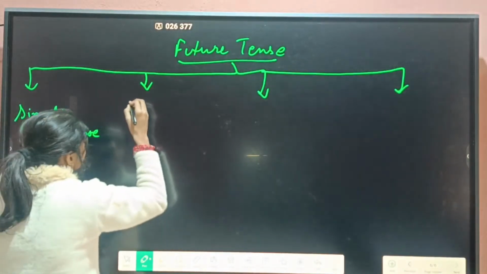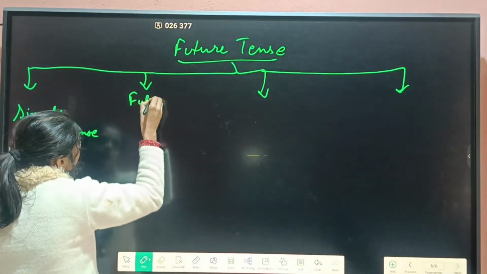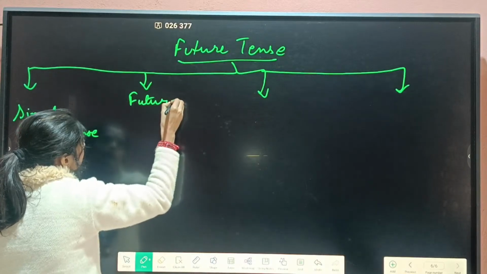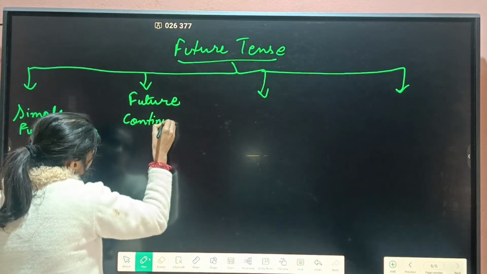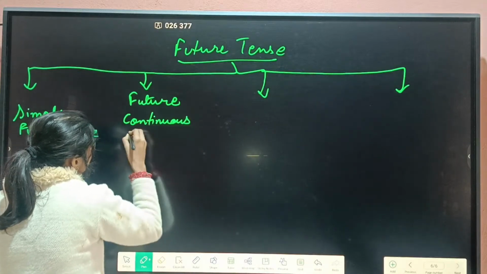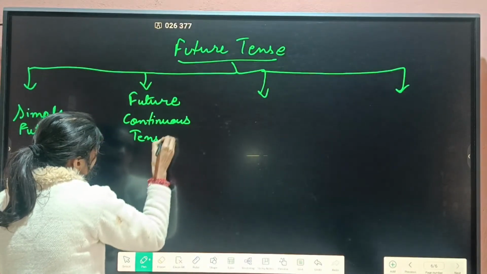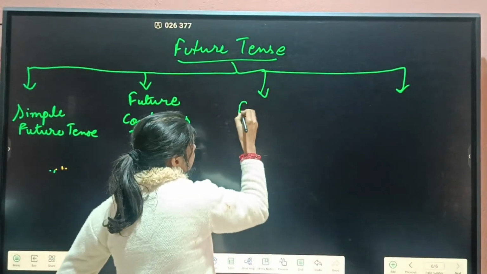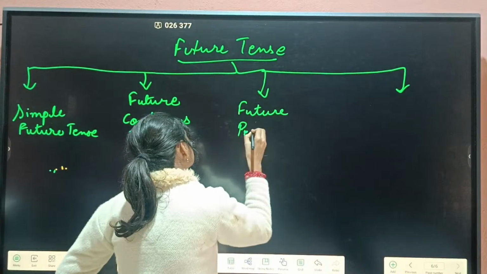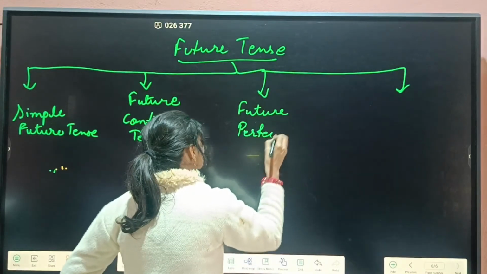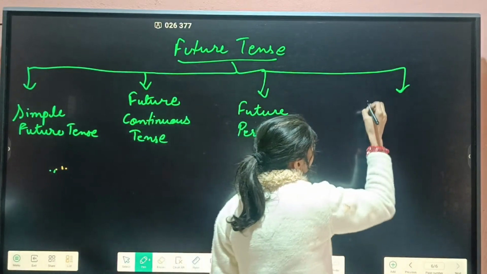Then we have future continuous tense, future perfect tense, and future perfect continuous tense.